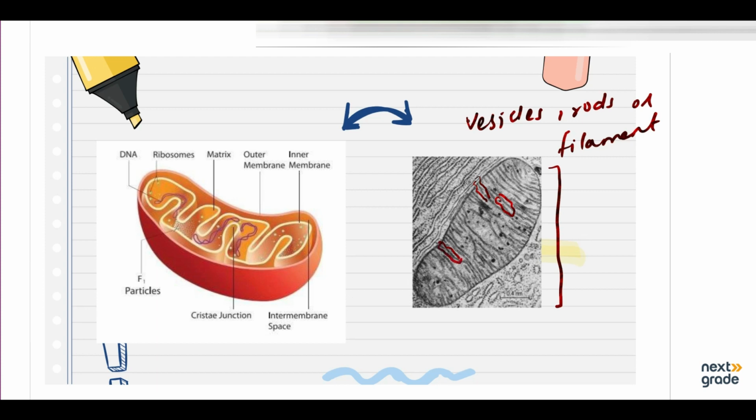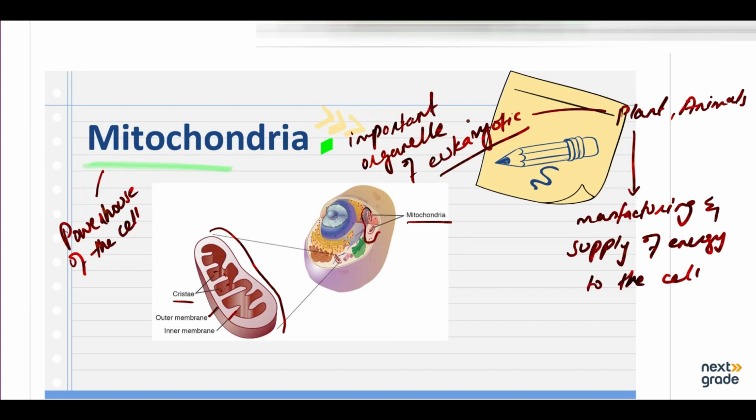Under an electron microscope, they show some complex morphology that is a little harder to understand. Although their number, shape, and internal structure vary widely, mitochondria are always bounded by two membranes, as we have just discussed: this is the inner membrane and this one is the outer membrane.